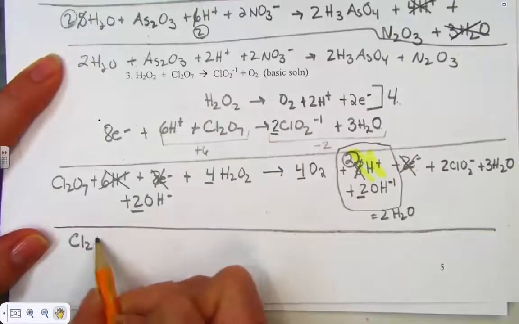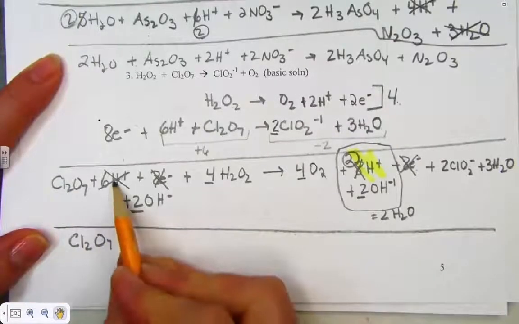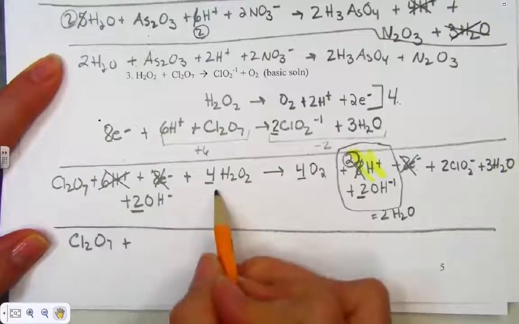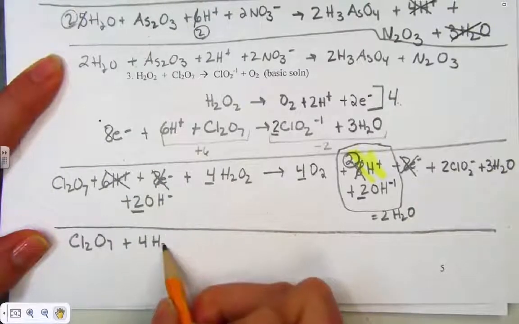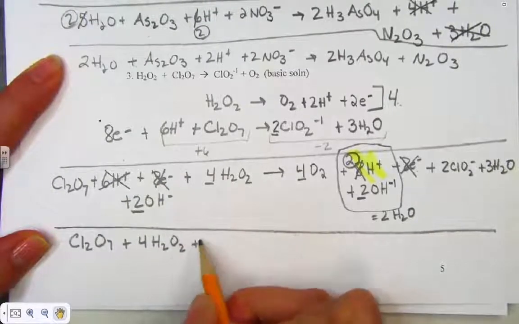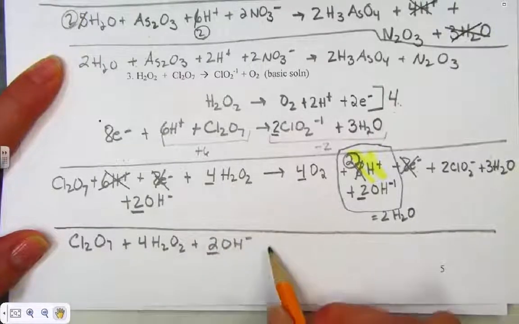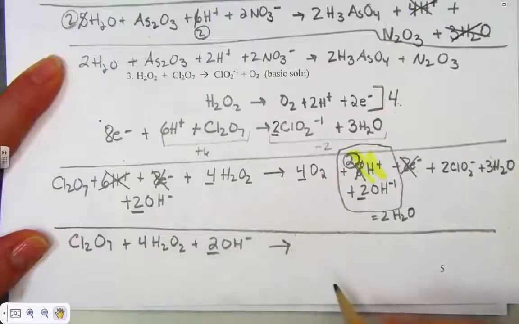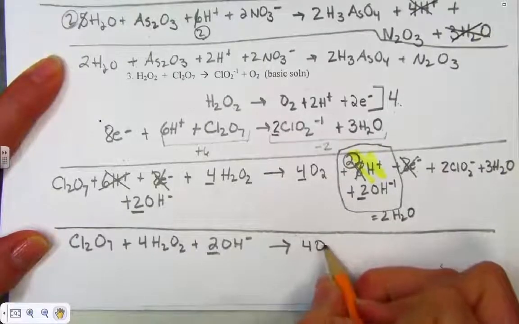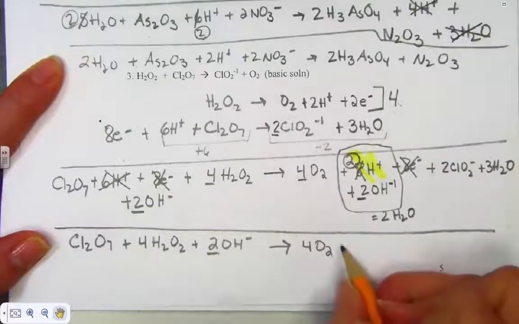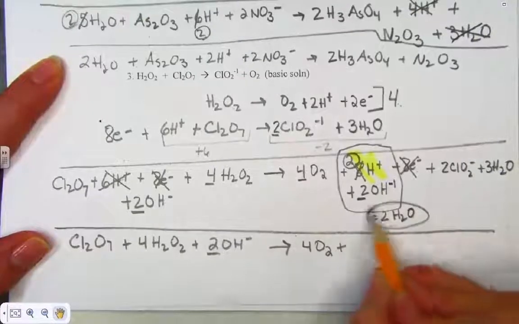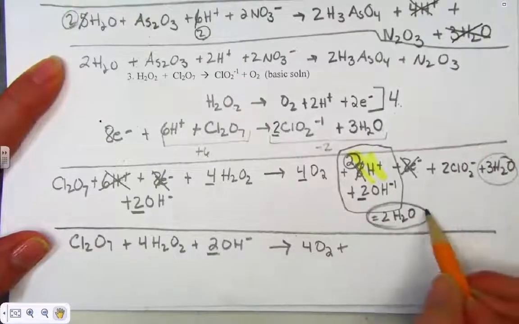The molecule dichlorine heptoxide, plus 4 hydrogen peroxide molecules, plus 2 base ions, 2 hydroxides, forms 4 molecular oxygens, plus, now notice here's some water and water over here yet.